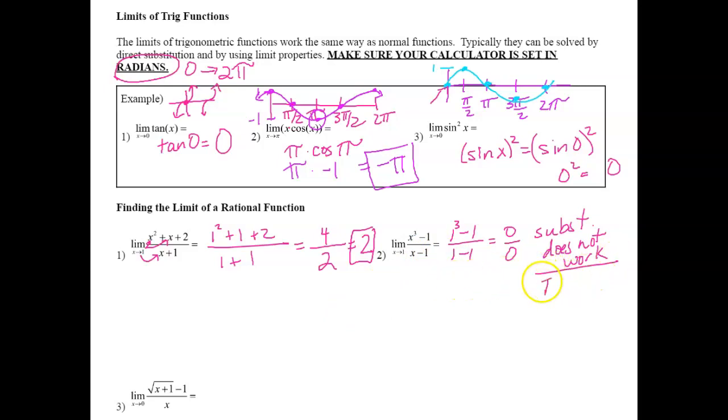After direct substitution, you typically want to try to factor. Now, this is a long factoring technique. I called it SOAP when I taught it, but this would be something that you would have learned in secondary 3 class. So you want to write this as x cubed minus 1 cubed. And then it's going to be a binomial and then a trinomial.